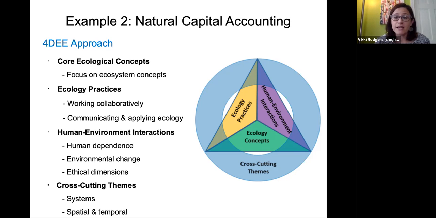It is strongly centered around the human-environment interactions. So they need to understand the human dependence, environmental change, ethical dimensions, and the major cross-cutting theme that they're addressing here is sort of a systems perspective. There are a number of different interactions as well with the human-environment interaction, human dependence connected to understanding the ecosystem concepts, you know, systems connections to working collaboratively that are in this project. Next slide.